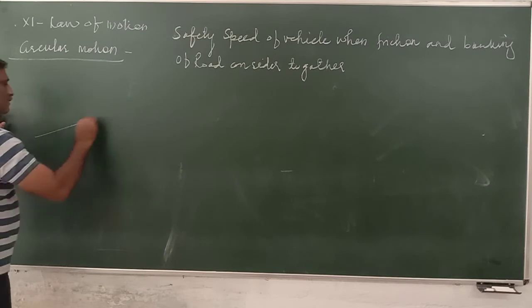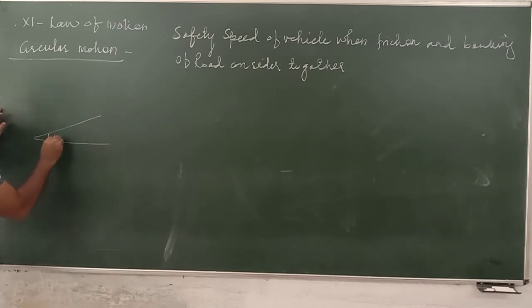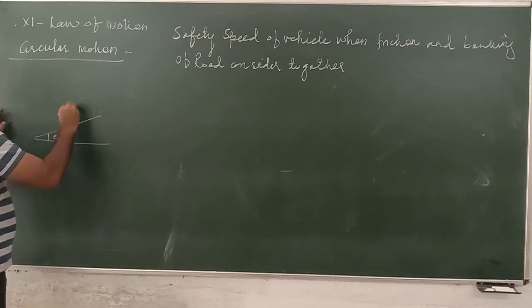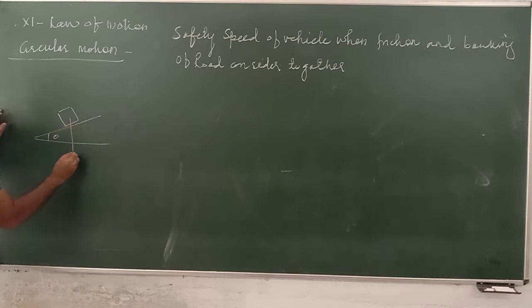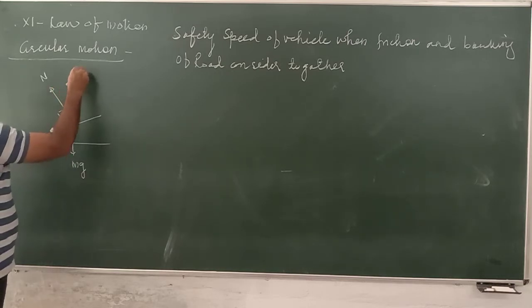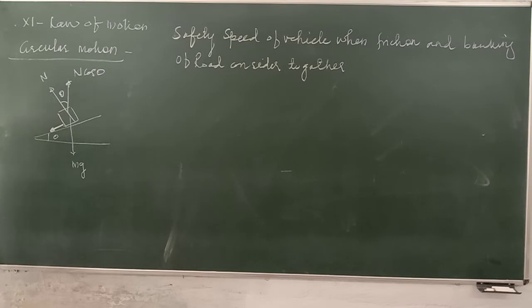Let's see the figure. This is horizontal, here is the vehicle, it has weight mg. Here is the normal reaction, and the force of friction we can show it here. This is the force of friction. Now here it goes. If you see this one, it is N cos theta, because this one is theta, this is also theta.